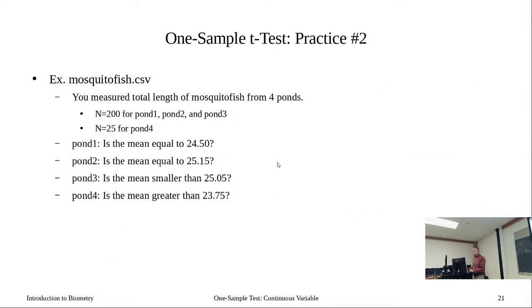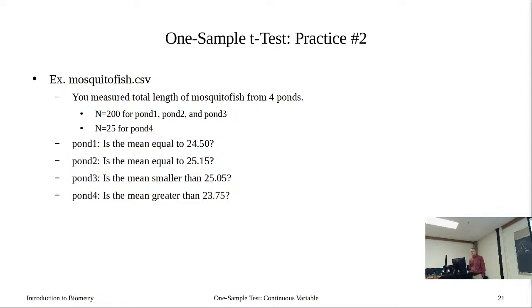There is a data file on Blackboard called mosquitofish.csv. In that file, we have 4 ponds where we measured the length of mosquitofish.